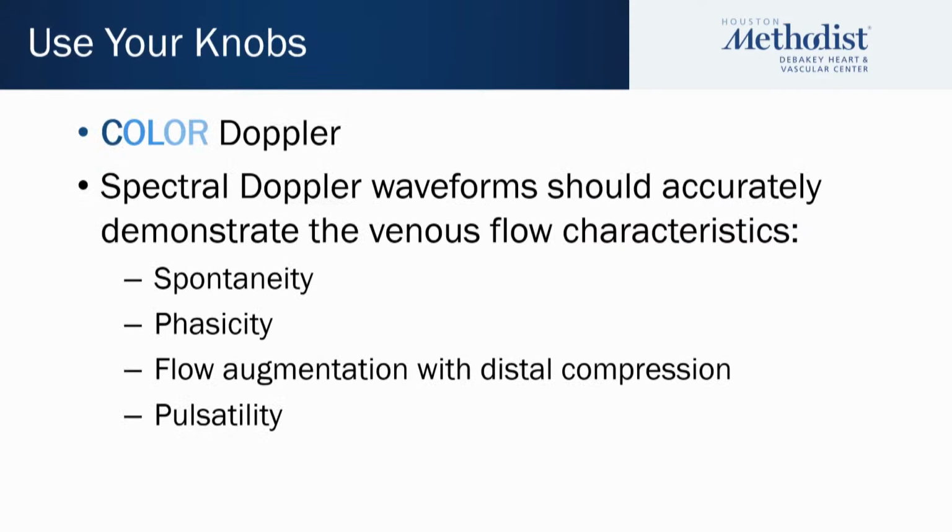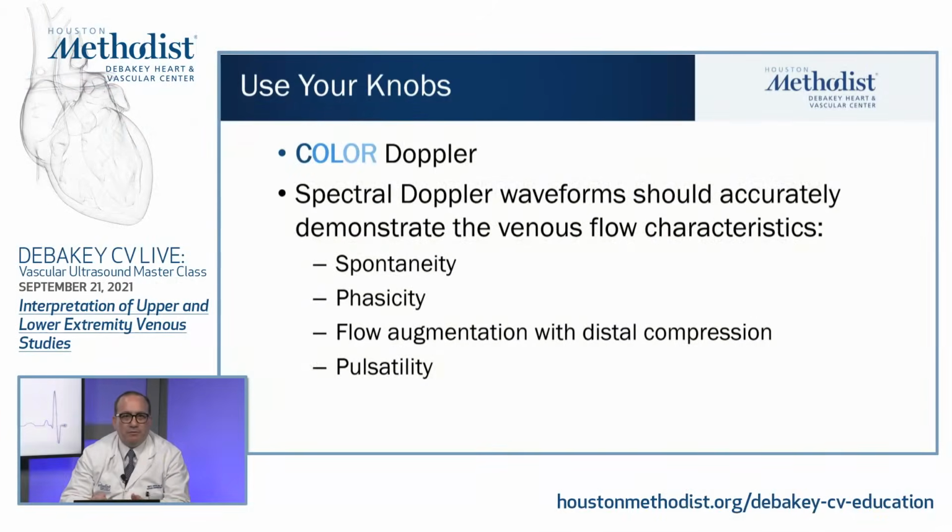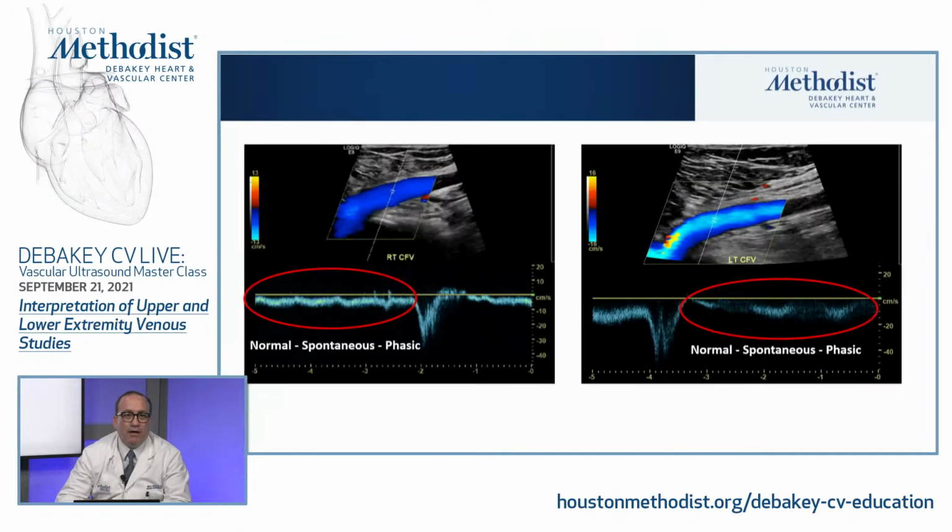Color Doppler is important, and we've got to know how to use our knobs. Spectral Doppler waveforms should accurately demonstrate the venous flow characteristics: spontaneity, phasicity, flow augmentation, and pulsatility. These two, color Doppler and spectral Doppler waveforms, are very important when evaluating the venous system and also for determining patency.